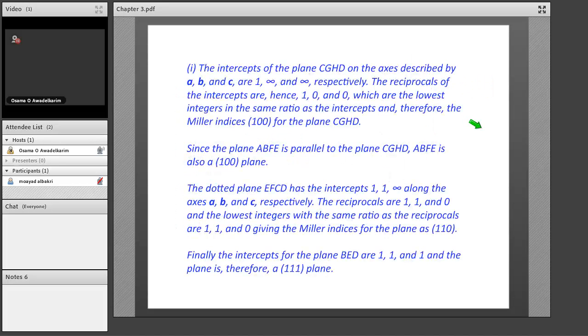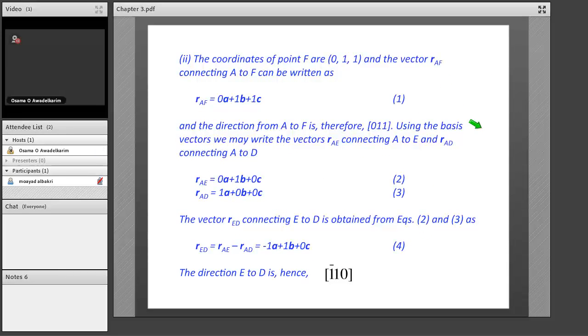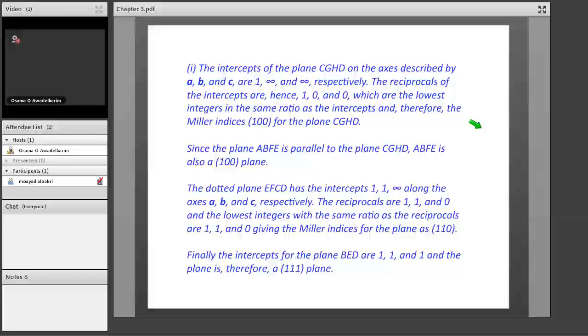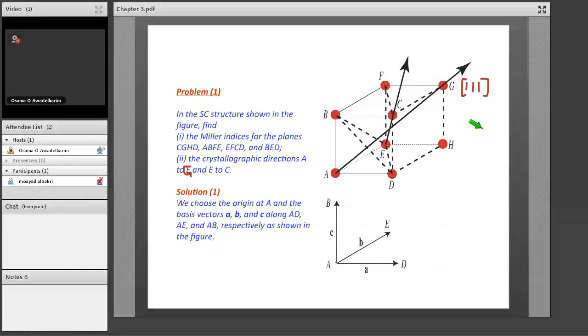And then let's look at the EC direction. Let's see, the example is AF here, but the drawing is AG.